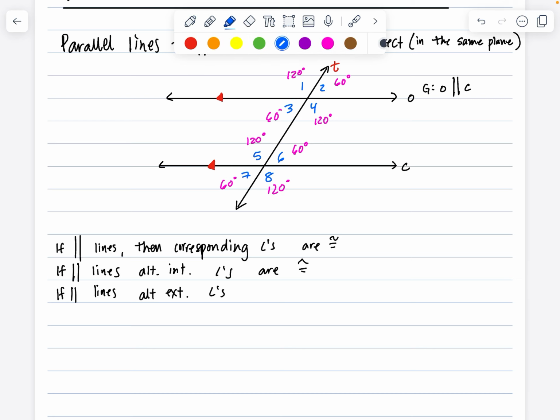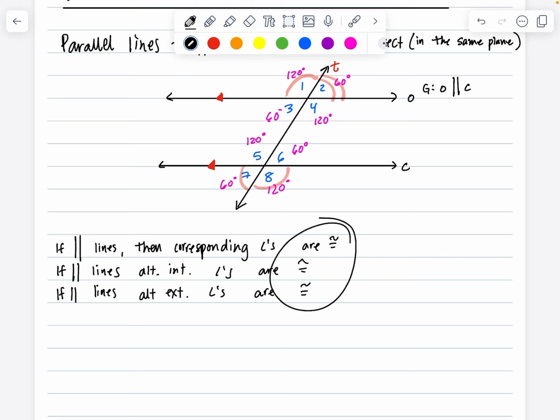So one set of alternate exterior angles, let's do this in red, are, for instance, 1. The alternate exterior would be 8, 120. 2, alternate exterior would be 7. They're also congruent. So here we have our if parallel lines, alternate exterior angles are congruent.